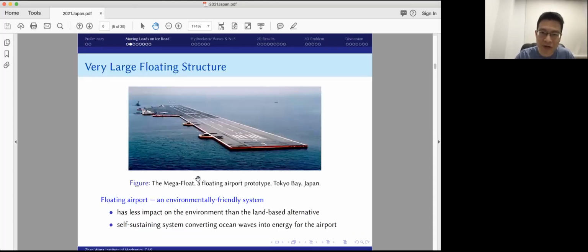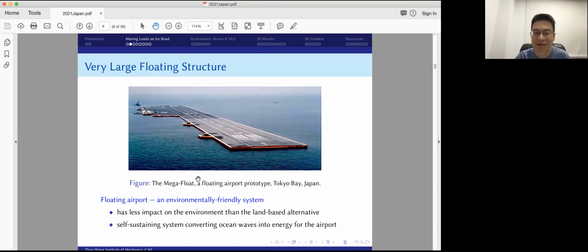There are also many man-made floating structures. The most famous one is called Mega-Float. This is in Tokyo Bay in Japan, and it is a floating airport. It's quite large, several kilometers long. The floating airport is an environmentally friendly system because it has less impact on the environment than the land-based alternative.